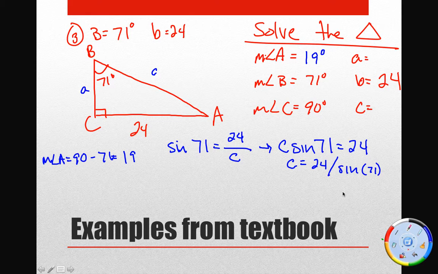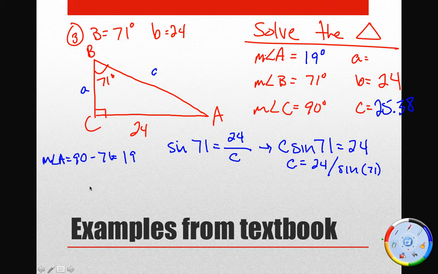As long as your calculator is in degree mode, you just plug this into your calculator. I got to change mine. I go 24 divided by the sine of 71, and I get c is approximately equal to 25.38.